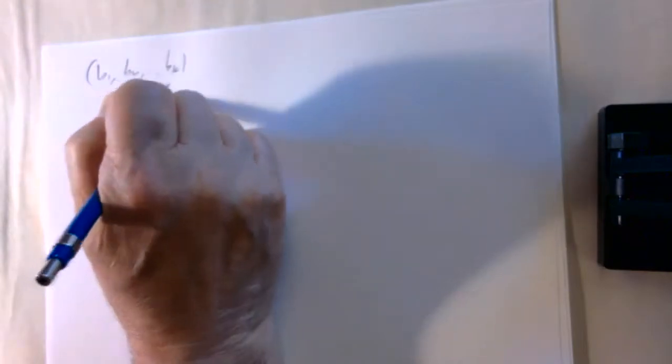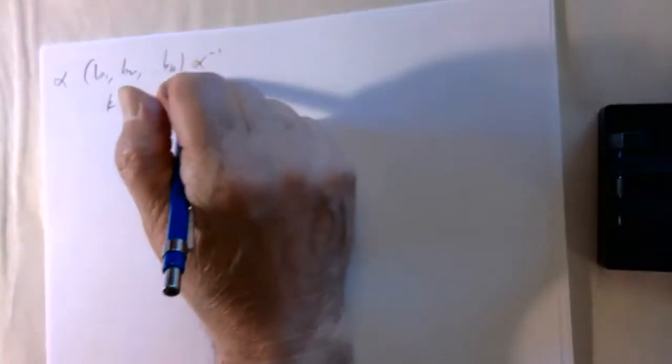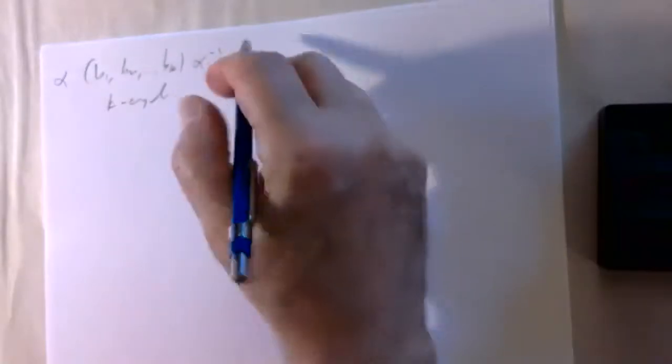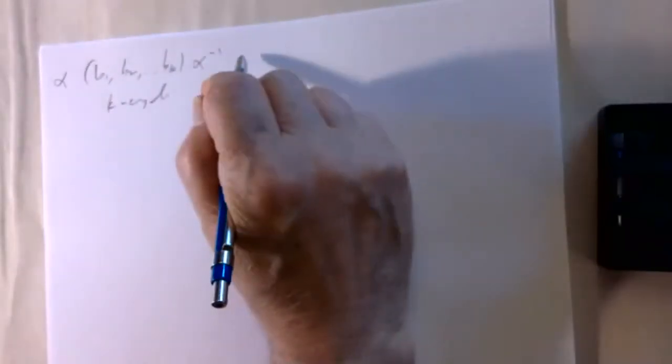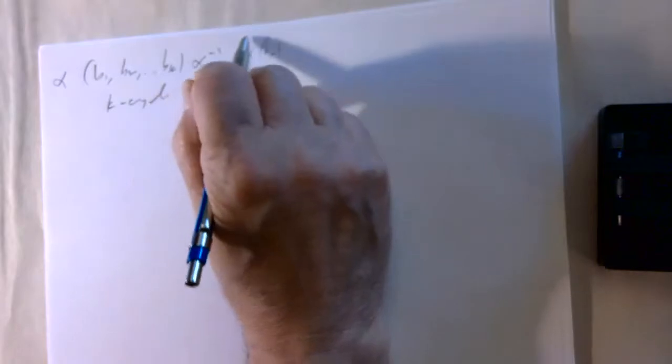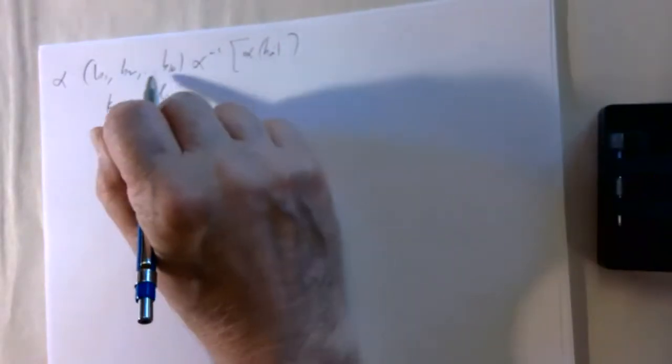So here is a fact that I'm using, which says if you have a cycle, B1, B2 up to B sub K, so this is a K cycle, and you take a permutation alpha and multiply it by alpha inverse, what does this do? Well, if you apply this to alpha of B sub I, alpha inverse of alpha of BI is BI.